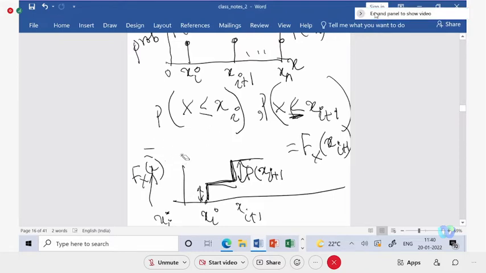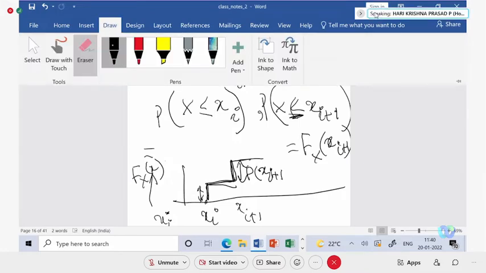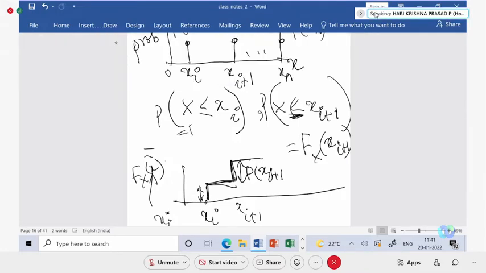What I wrote is correct. Only thing is I am creating space so that things become clearer to you. This height is P of xi.